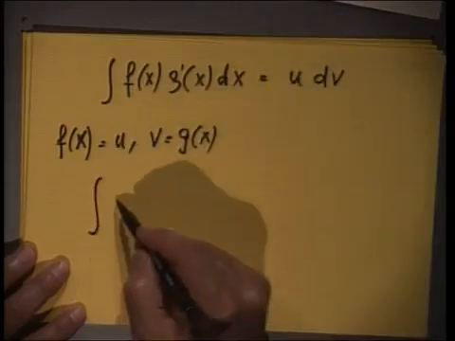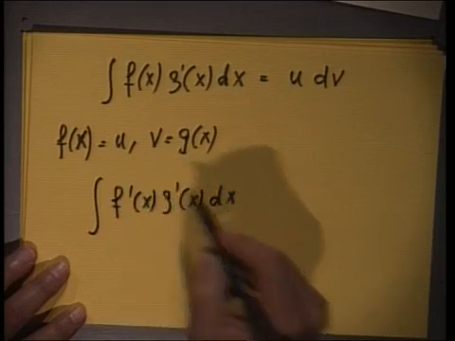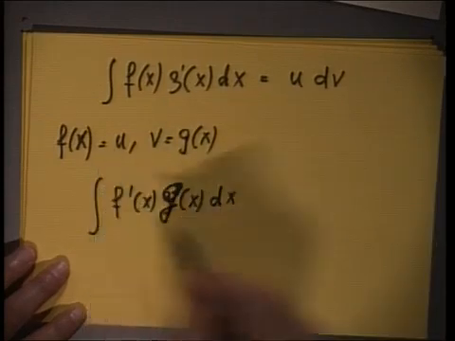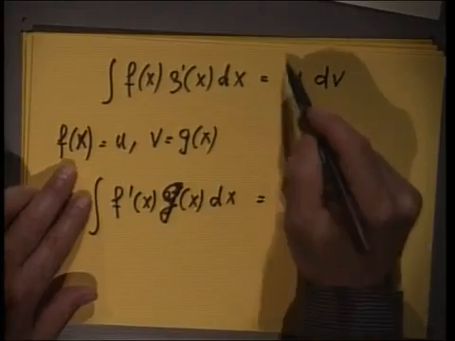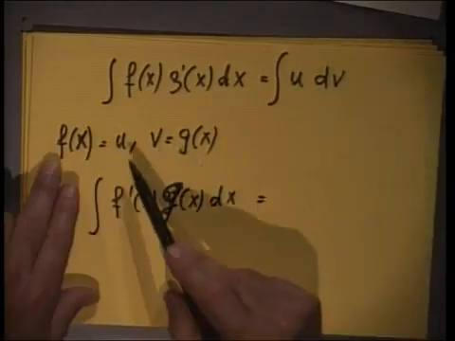Whereas the integral of f prime x g of x dx is equal to what? It is equal to the integral of v du, because du is f prime x dx.